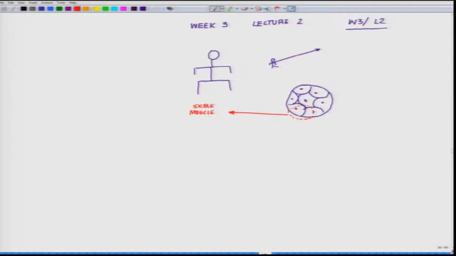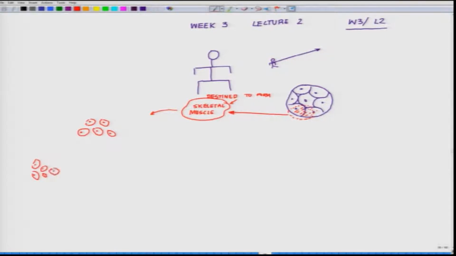They have not formed yet, they are destined to form skeletal muscle. There is a set of cells which migrate, and I am shading those cells red for your understanding. These cells migrate to different parts where the skeletal muscle has to form.